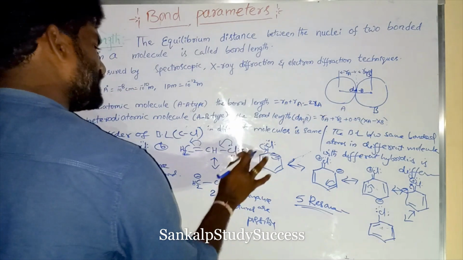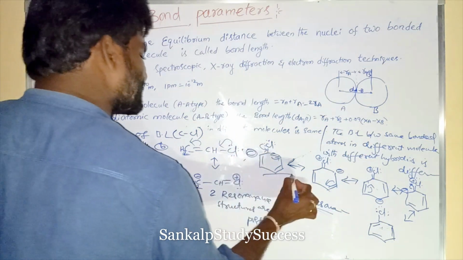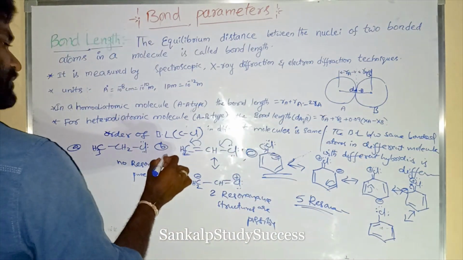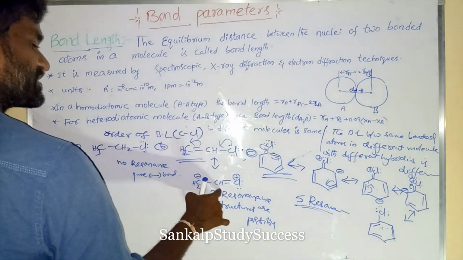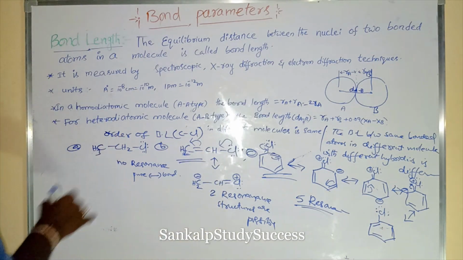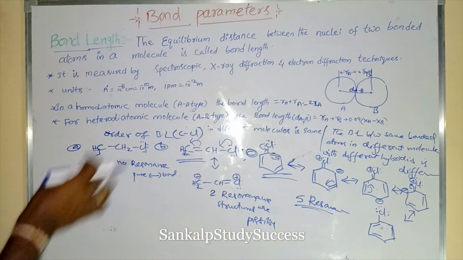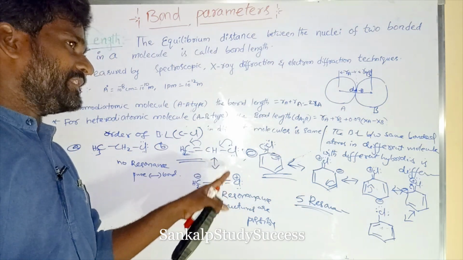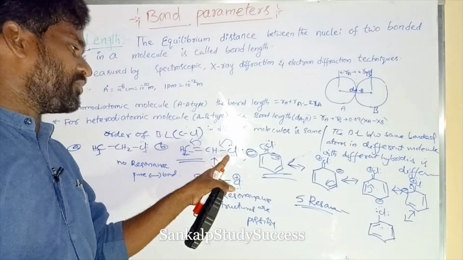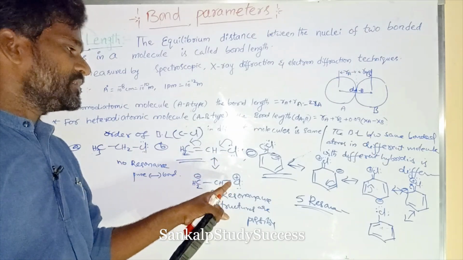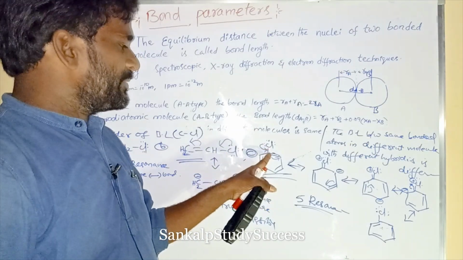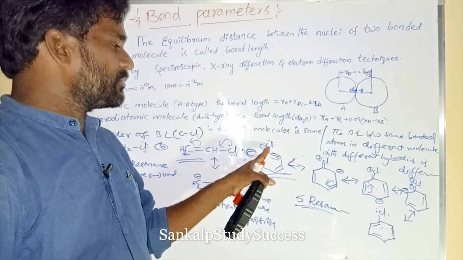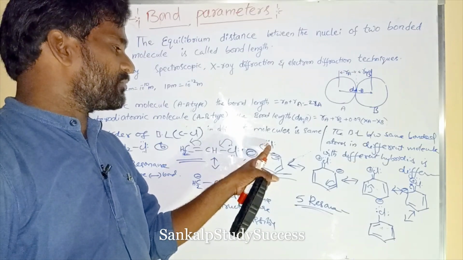So this C can form 5 resonance structures, this B can form 2 resonance structures, and this cannot form resonance structures. In resonance structures, the single bond will convert to a pi bond. The C single bond Cl converts to a pi bond. Here also in benzene, C single bond chlorine.